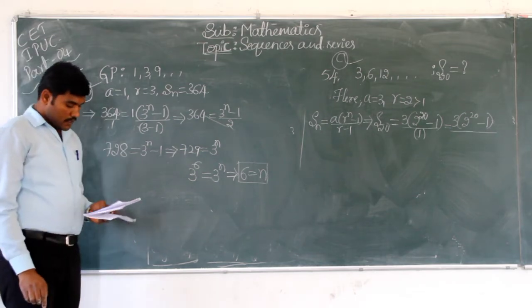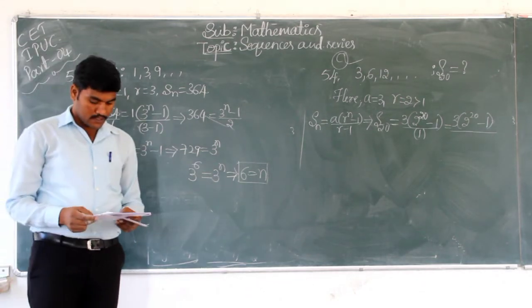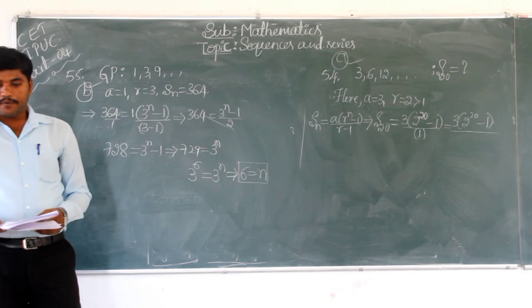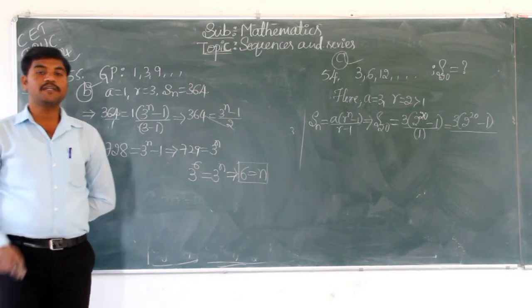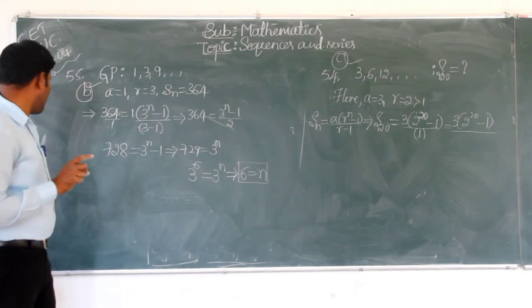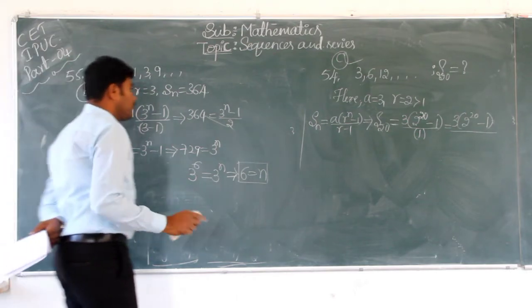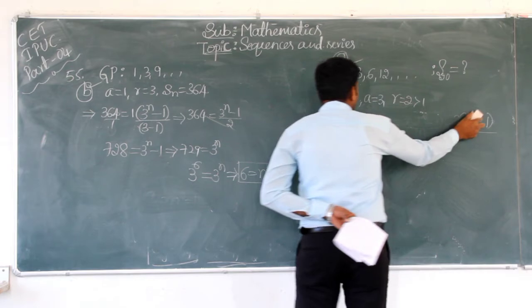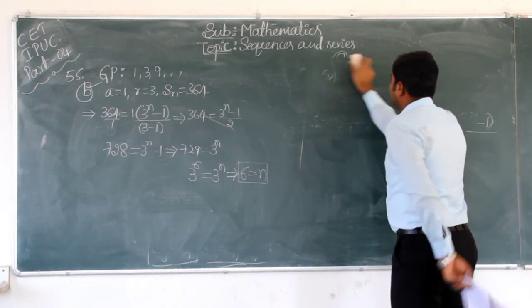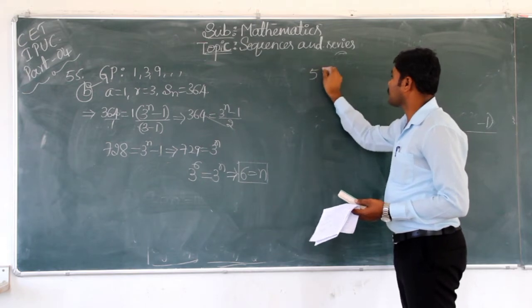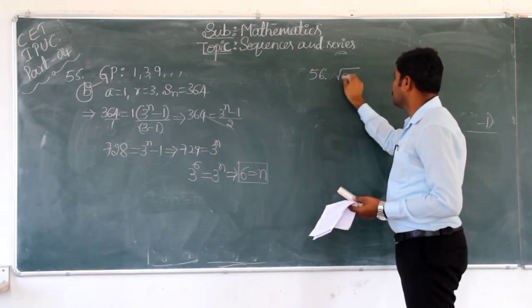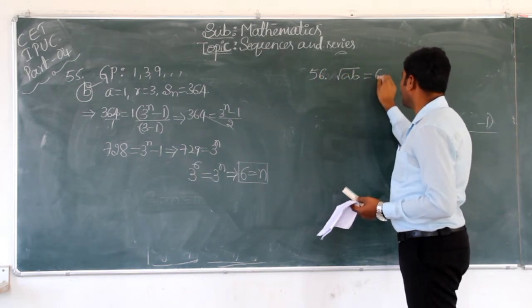So now let's move towards question 56. Geometric mean between two positive numbers. You know that, I have discussed in the theory classes. Geometric mean of two positive numbers is given by root of AB. So geometric mean is root AB.